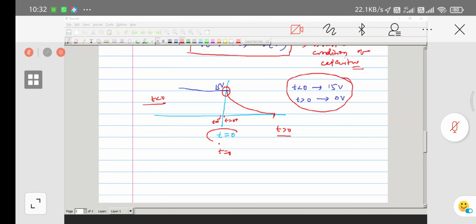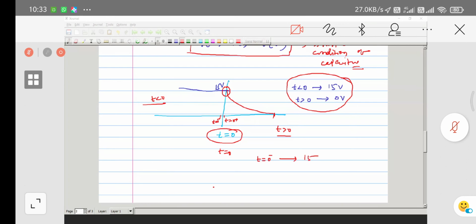At the switching instant, it is just t equals 0. T0 minus means the t less than 0 instant, just before, and t0 plus is just after t equals 0. At t0 minus, before the switching instant, what is the voltage across the capacitor? 15.